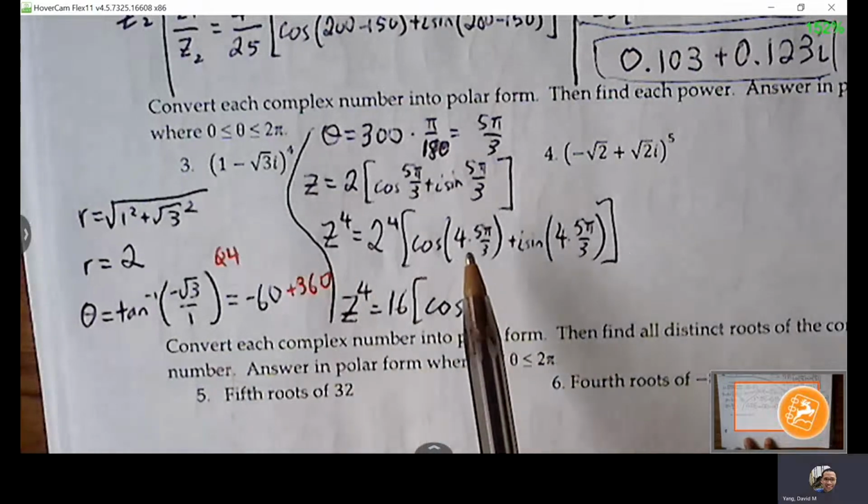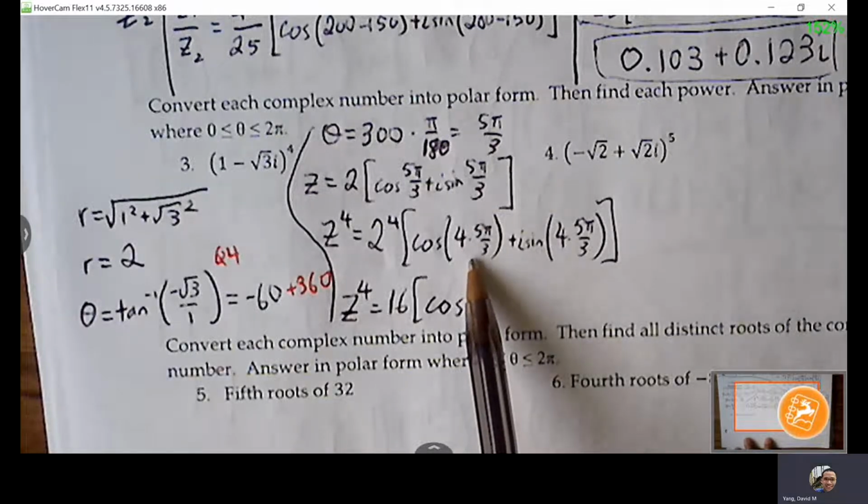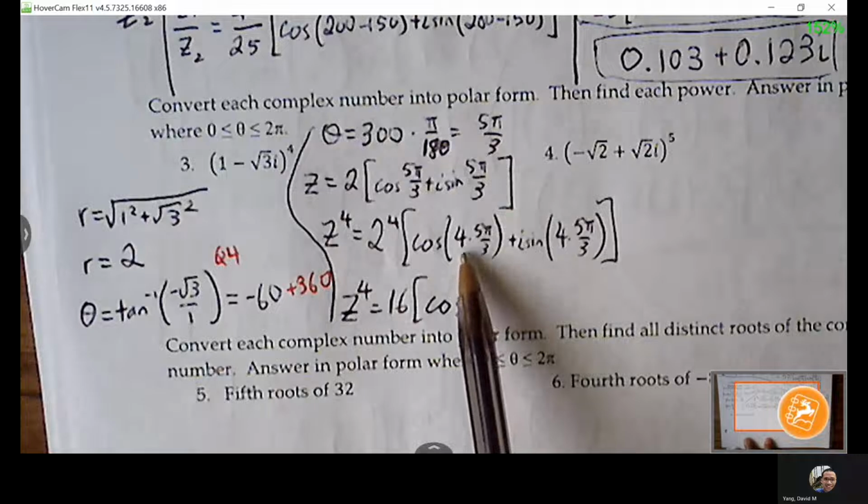Okay, now when you multiply this through, what measure are you going to get? What's that going to give us? Yeah, 20 pi over 3.